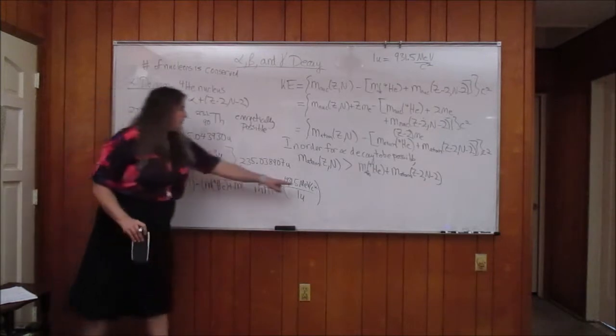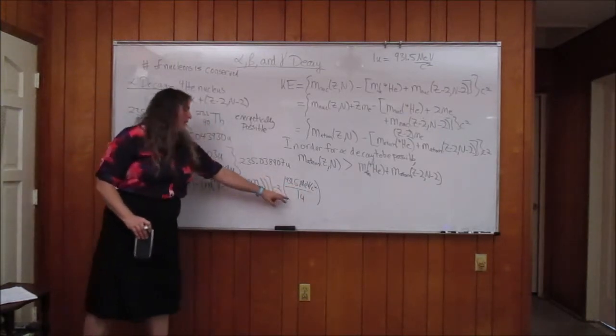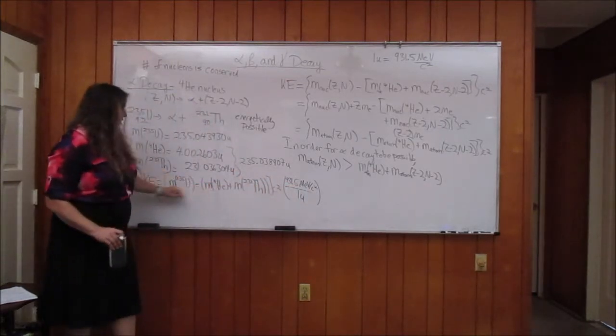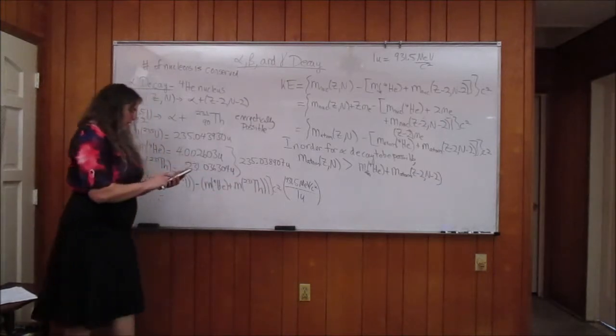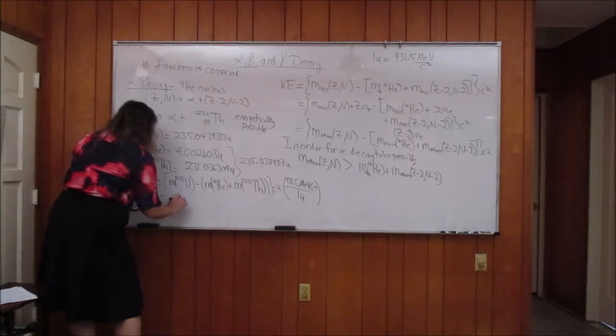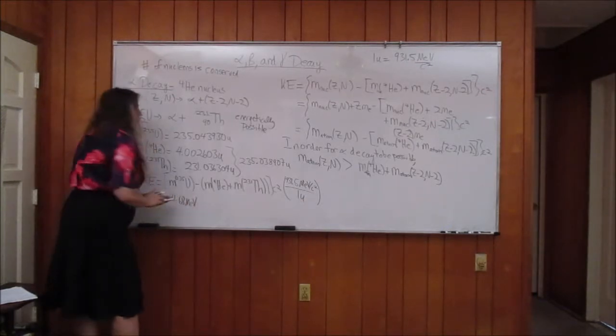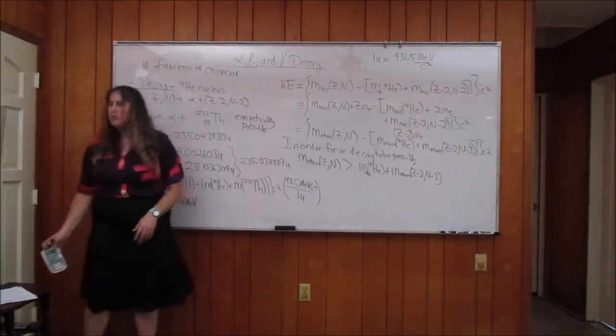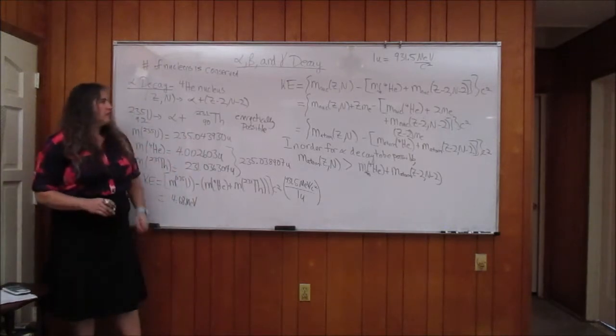Therefore, this c squared will cancel with this one, and this u will cancel with the units of the masses. And when I plug everything in, I will wind up with an answer of 4.68 megaelectron volts is going to be released in this particular decay.